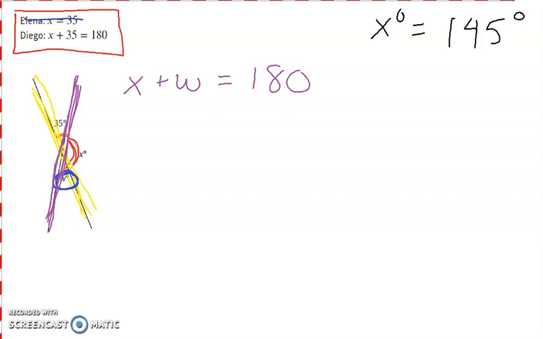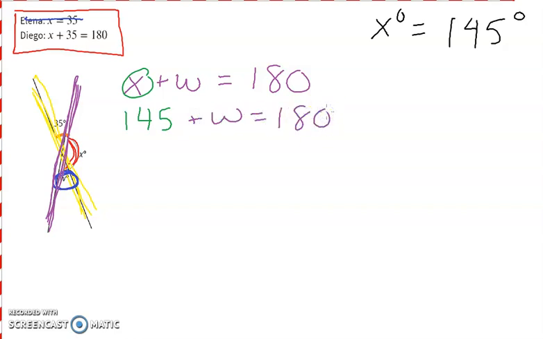So I actually already know the value for x because I just solved for it a minute ago. So I'm going to plug that into my equation. So my x is 145. And I still have my plus w equals 180.